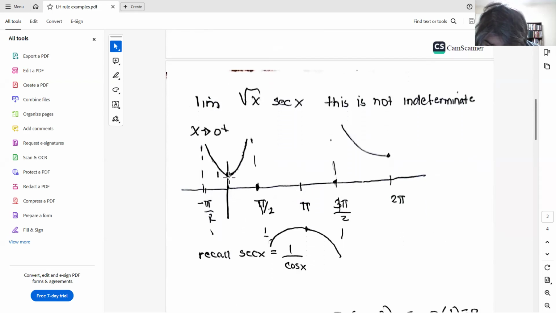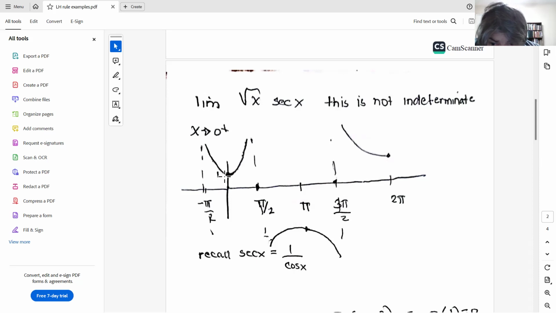So what you see where the dots are is the cosine curve. I didn't draw in the cosine, I just drew the dots where it would be, and proceeded then to draw the secant over it. This is a secant curve.